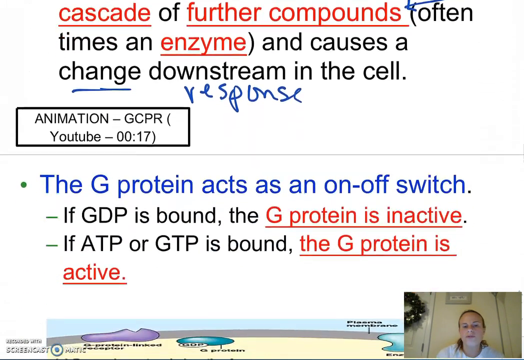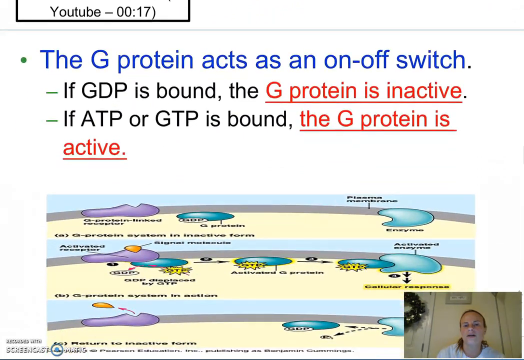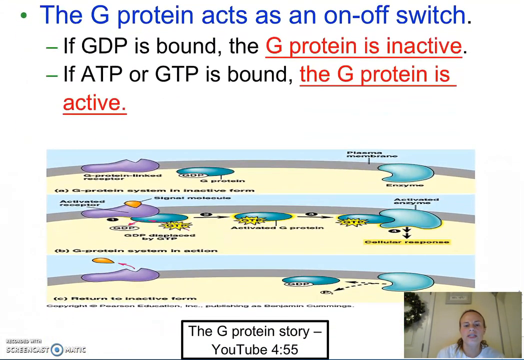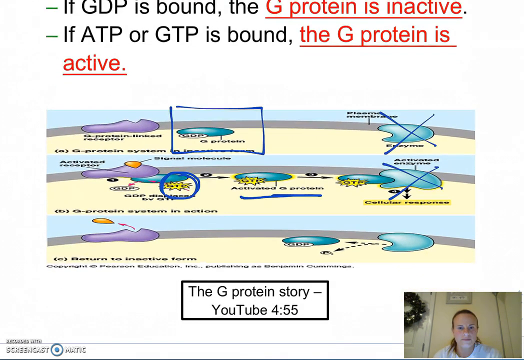So this G protein kind of acts as an on-off switch. If GDP is bound, then the G protein is inactive. But if GTP is bound, then the protein is active.